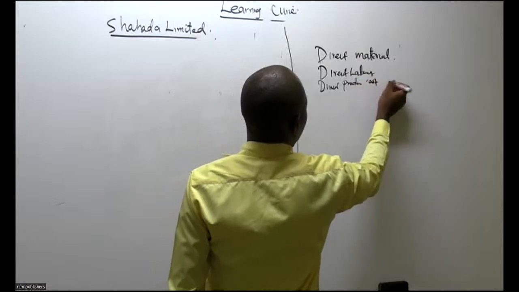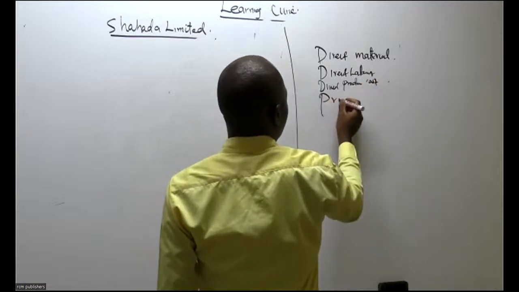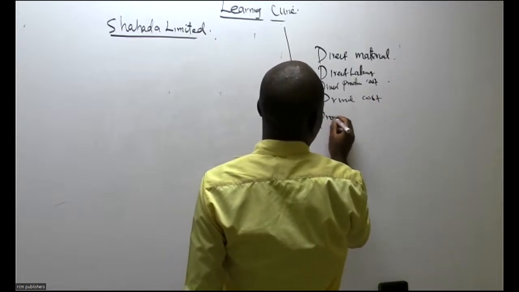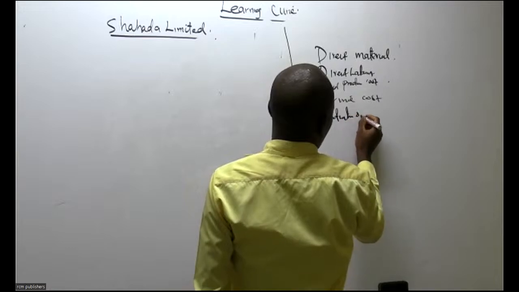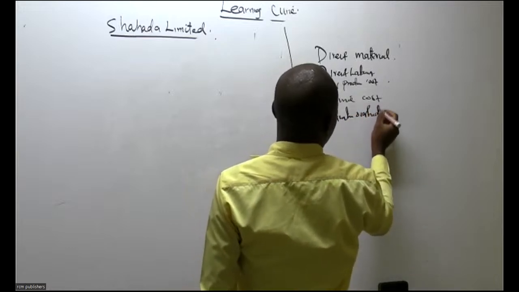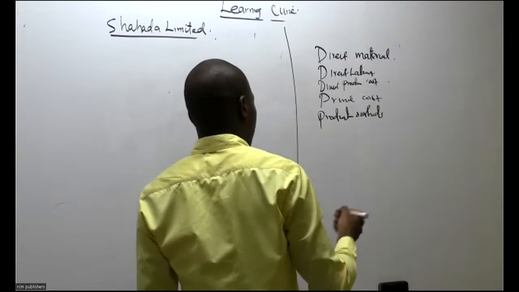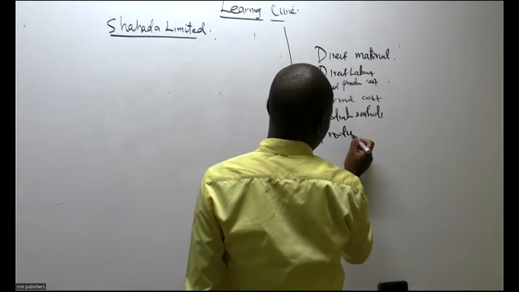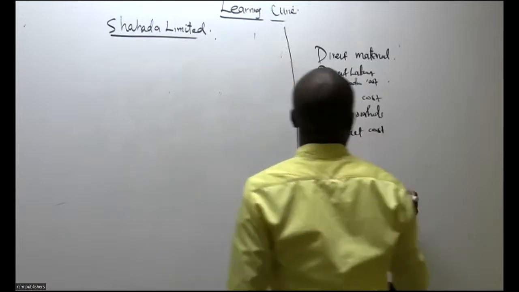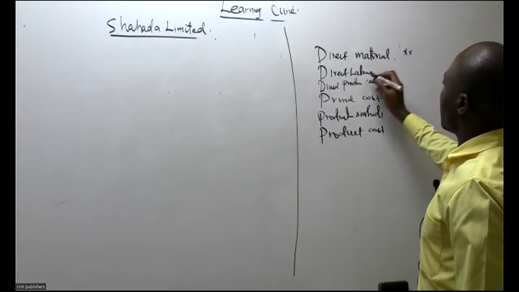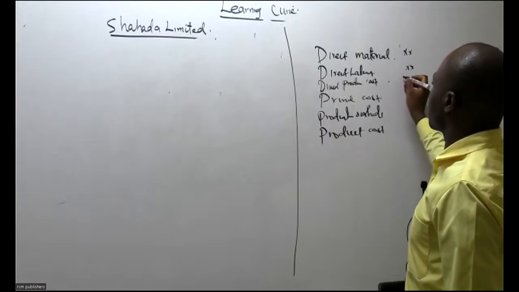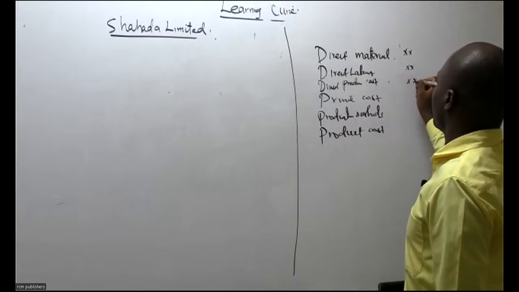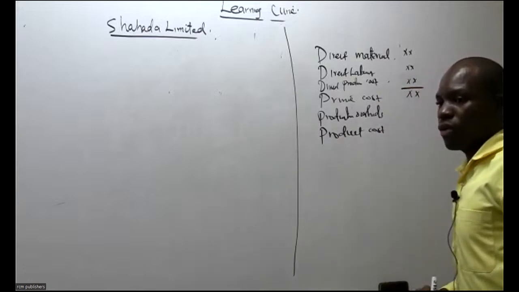If we add these two, together with any other direct expense, we should arrive at what we call prime cost. When we add production overheads, which are divided into two, the variable and the fixed, then it should give us the product cost.